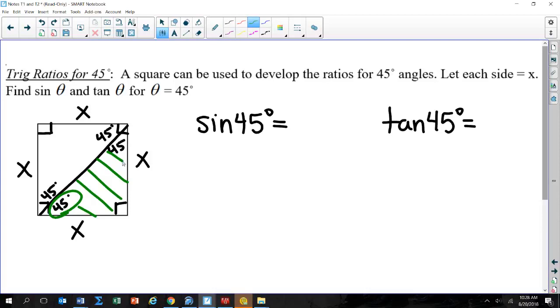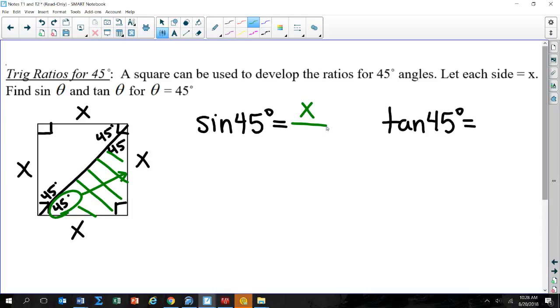I want to evaluate the sine of 45 degrees. So I know that sine is opposite over hypotenuse. Opposite of 45 degrees is x over, what's that hypotenuse going to be? Anybody remember the ratios for a 45, 45, 90 triangle? Say it loud.